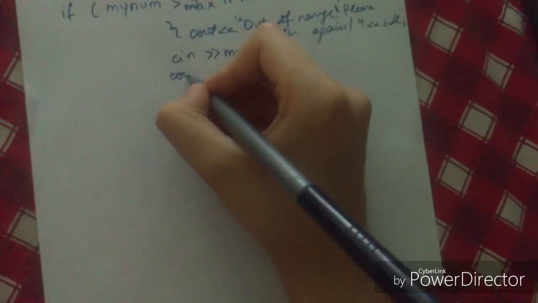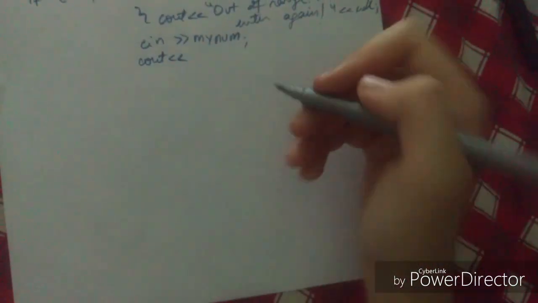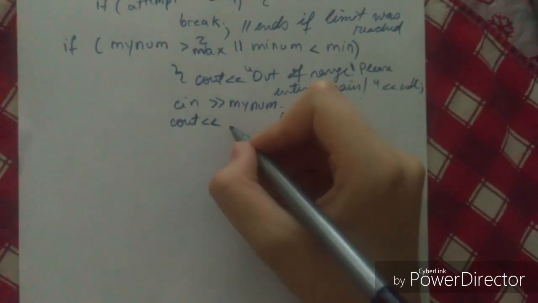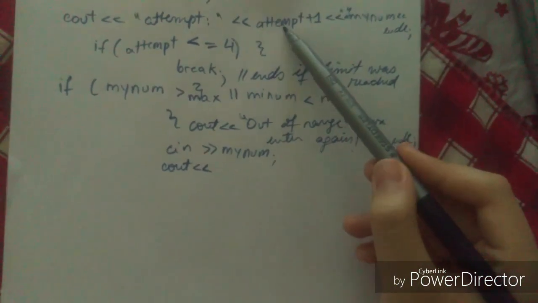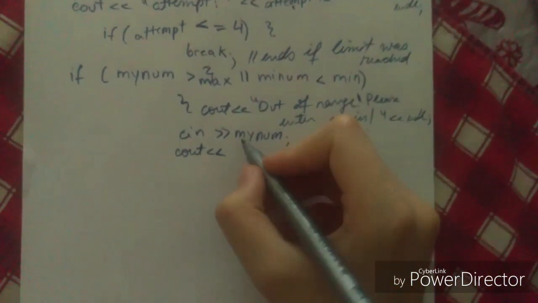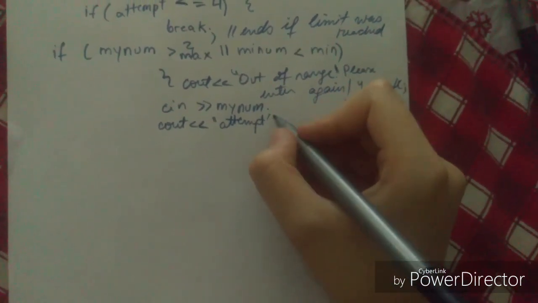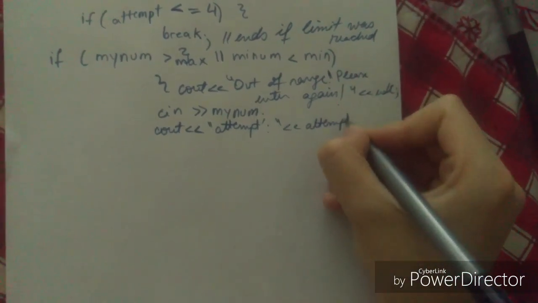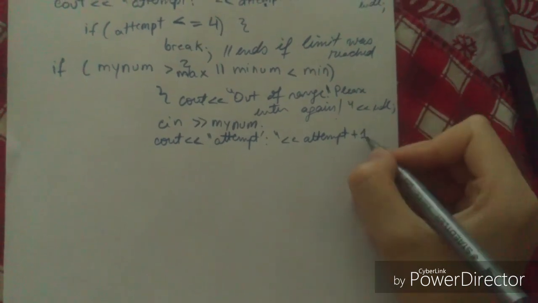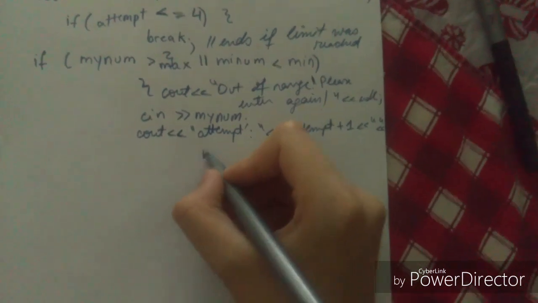So just display again the attempt, because this is theoretically not really displayed unless it works. So you just display the same thing as up here. So you just say attempt, attempt plus 1, mynum.